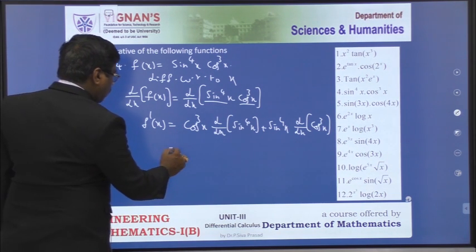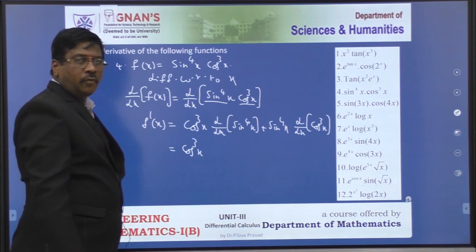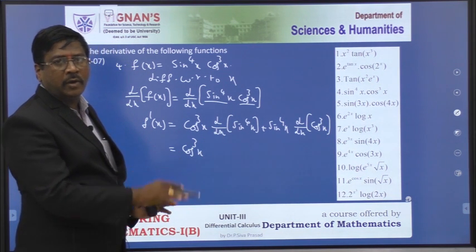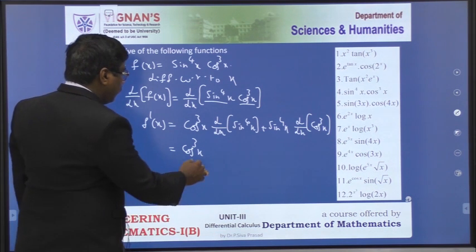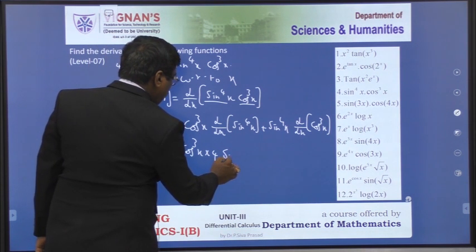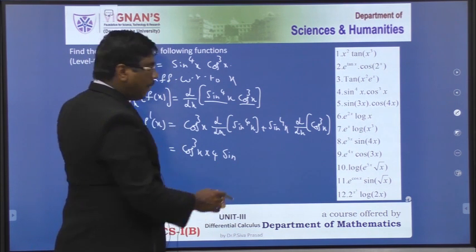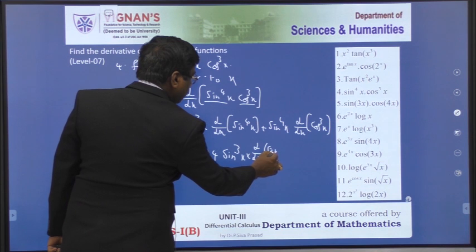Now this is equal to cos cube x into d by dx of sin to the power of 4 x. Then this is in the form of x power n. The derivative of x power n is n into x power n minus 1. Therefore, here I have to take 4 into sin to the power of 4 minus 1, that is sin cube x, into the internal derivative, d by dx of sin x.